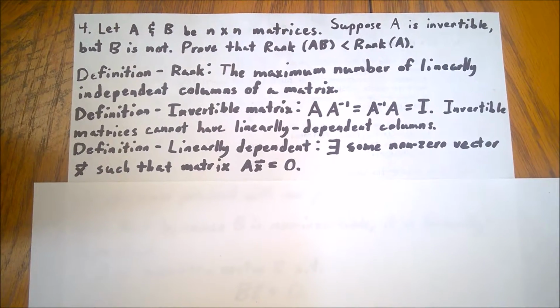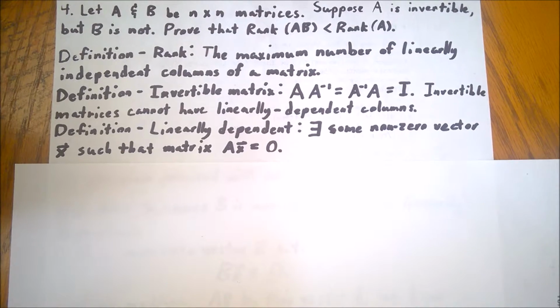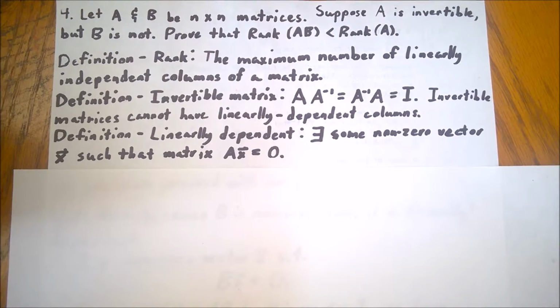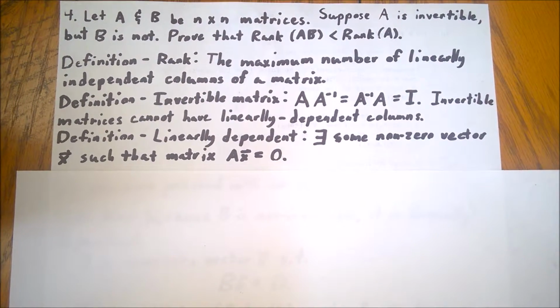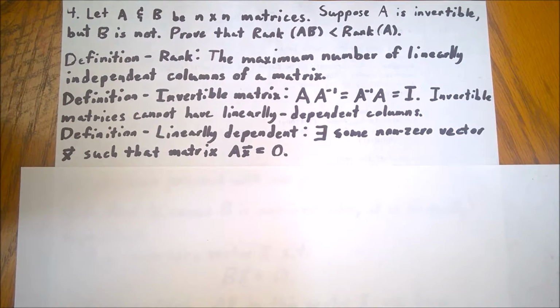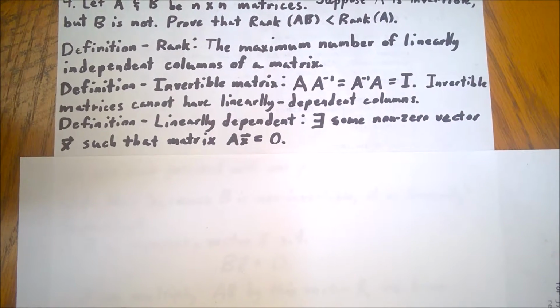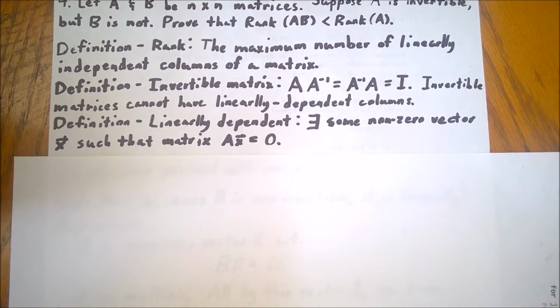And finally, we have here the definition for linearly dependent. So like we mentioned earlier, linearly dependent matrices could be matrices that have vectors in them that can be construed as linear combinations of other vectors within that matrix.